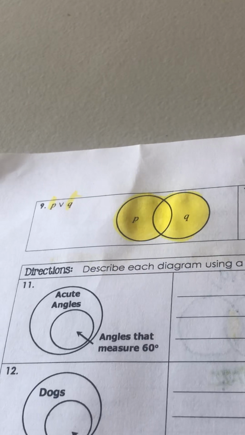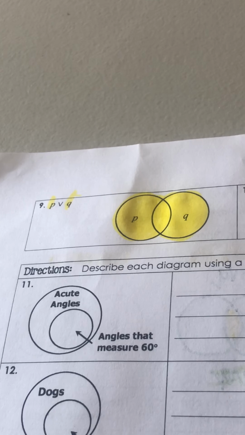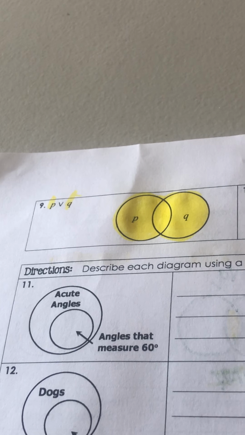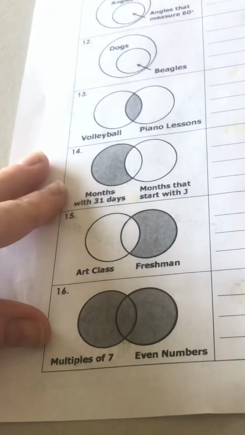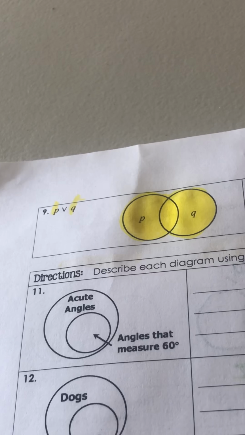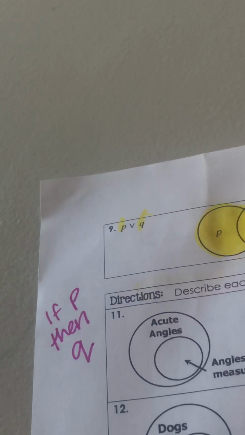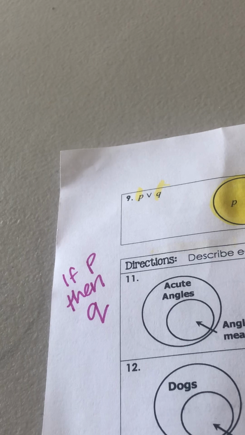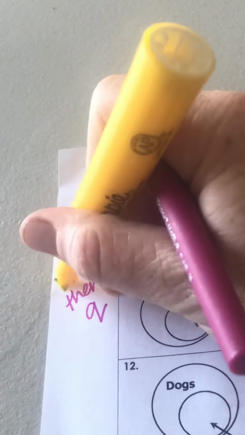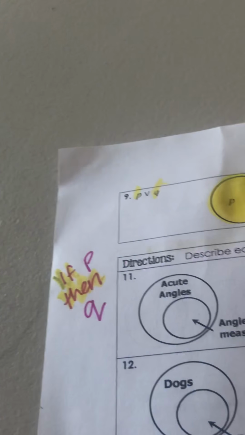All right, so we're going to use a compound statement to describe these diagrams here. So we're kind of putting everything together. All right, remember, a compound statement is if P, then Q. So you need your if and you need a then. And obviously P would be one subject, Q would be the other.